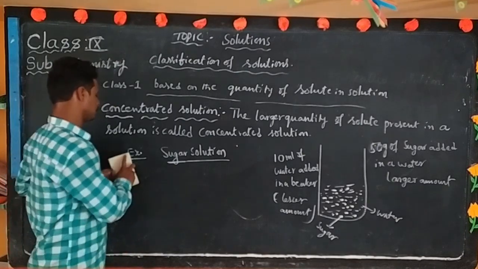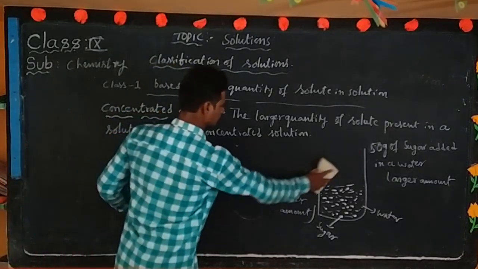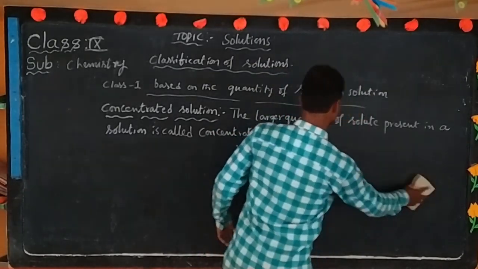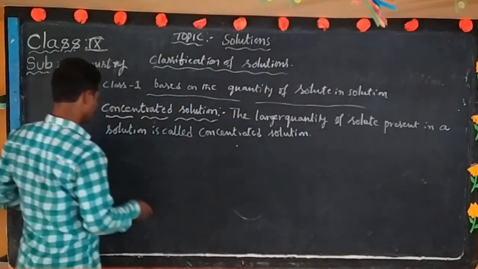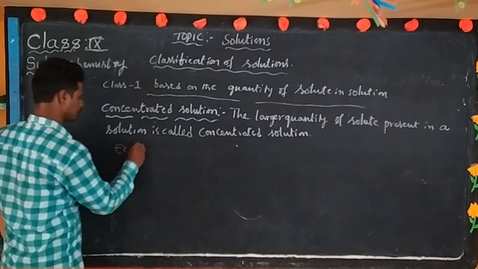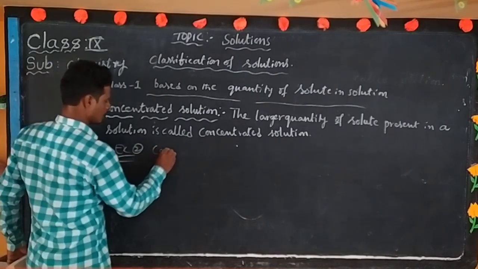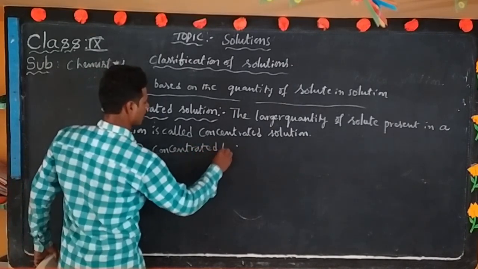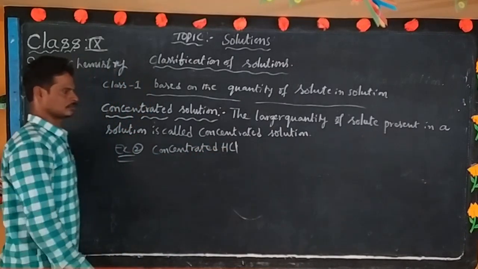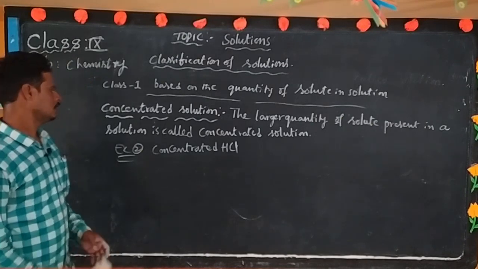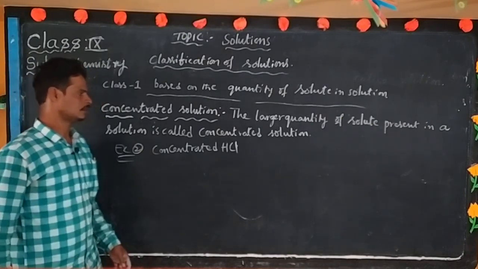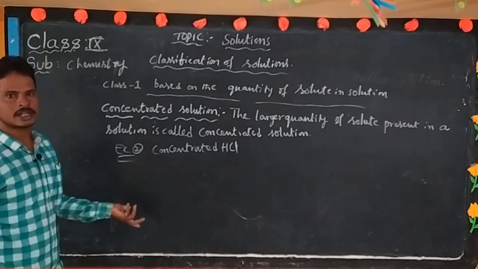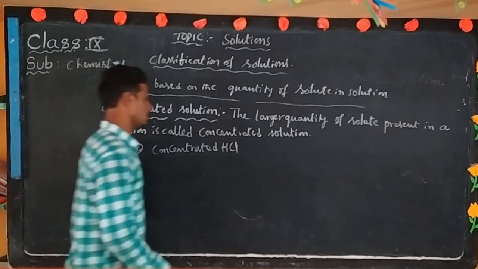Next, another one. Example 2, concentrated HCl. This is also a solution, because here also there are two components, hydrochloric acid and water.